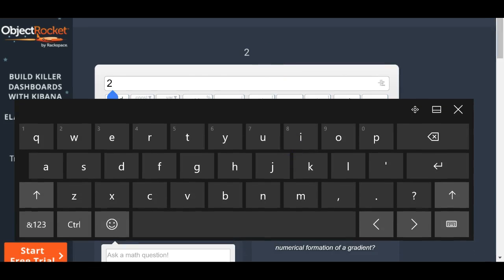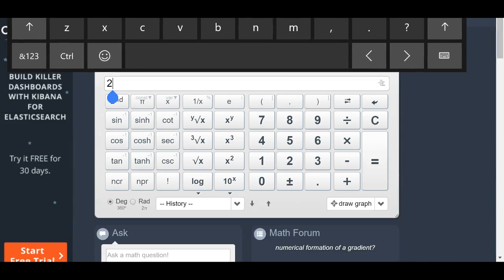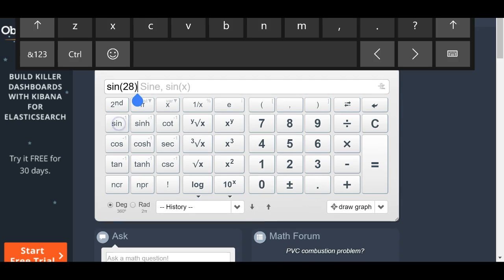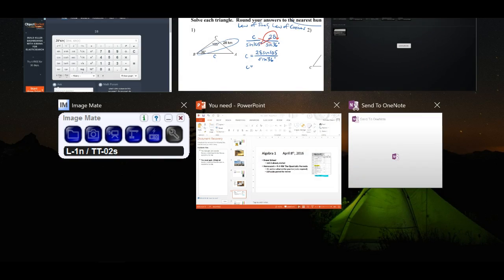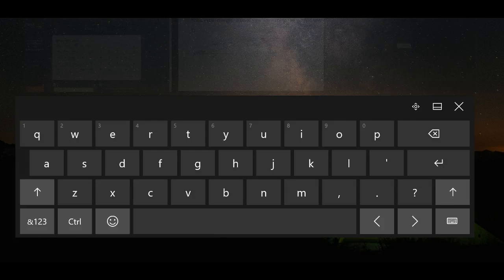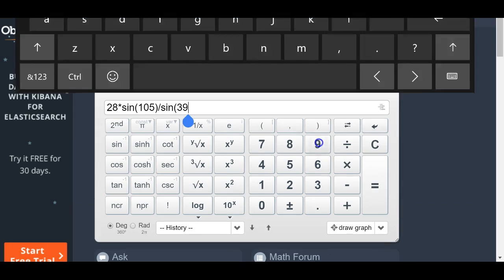So 28, oops, let's bring this down here so we can get it out of the way. 28 times sine of 105, and parentheses around that, and then divided by sine of 36.